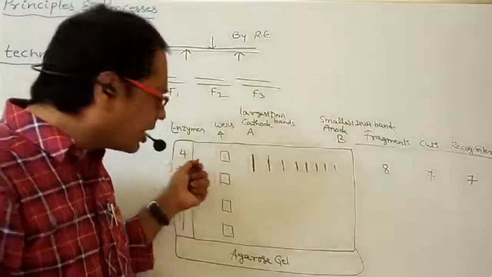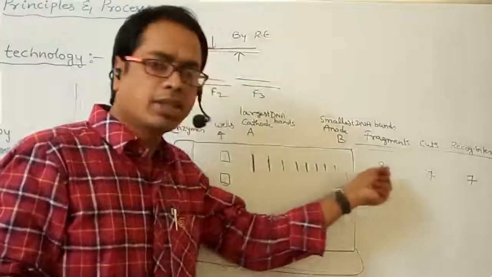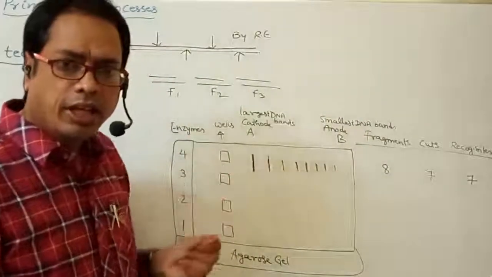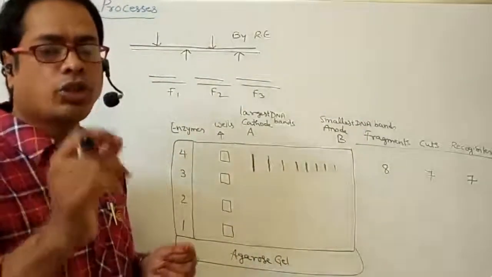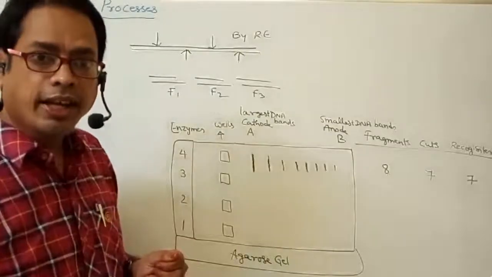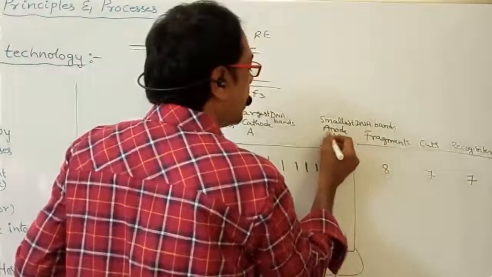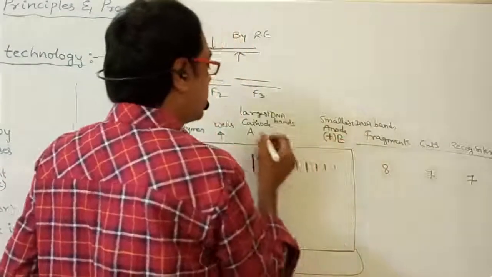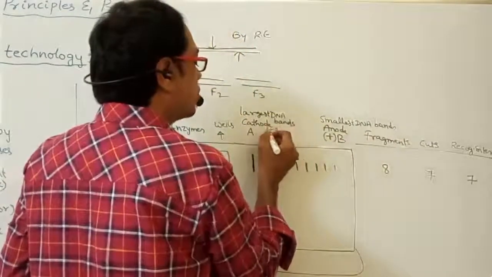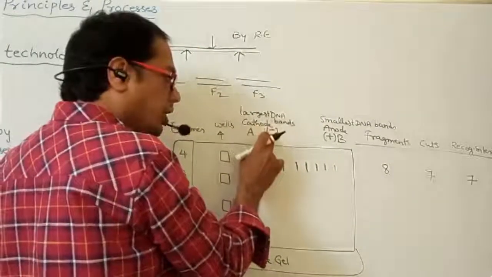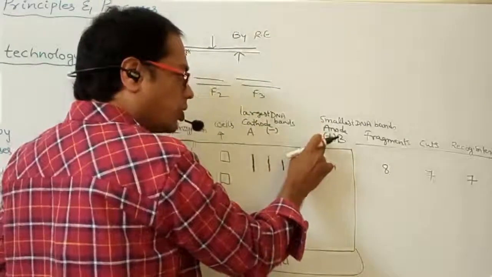Why will the DNA bands move towards this side? Because DNA is negatively charged. That's why they move towards the anode, which is positive charge. Cathode is negative charge, anode is positive charge.